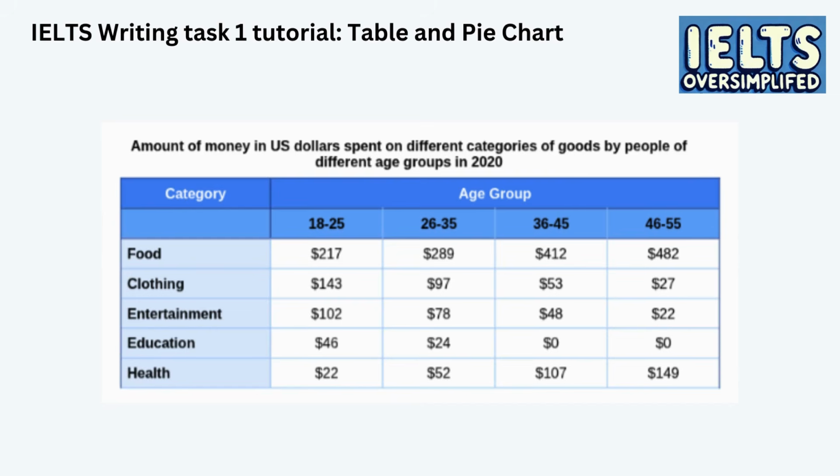The table gives us specific dollar amounts for food, clothing, entertainment, education, and health across 4 age groups: 18 to 25, 26 to 35, 36 to 45, and 46 to 55.